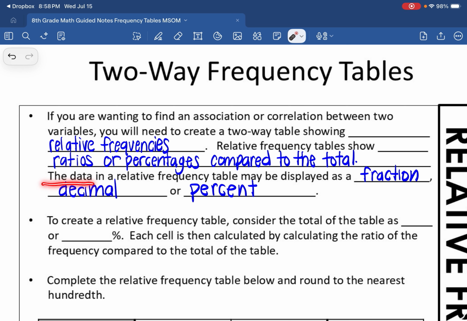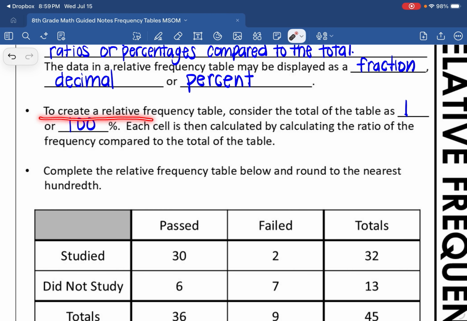The data in a relative frequency table may be displayed as a fraction, decimal, or percent. To create a relative frequency table, consider the total of the table as 1 or 100% if you're using percents. Each cell is then calculated by calculating the ratio of this frequency compared to the total of the table.